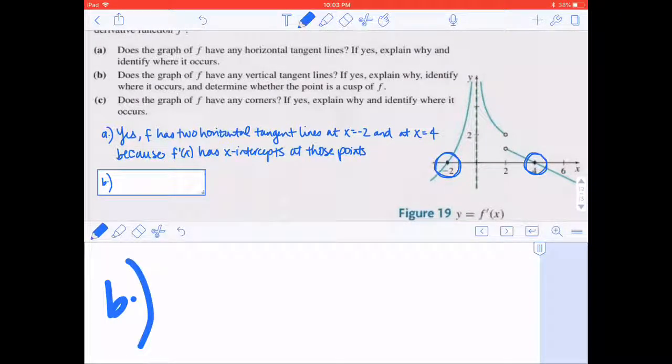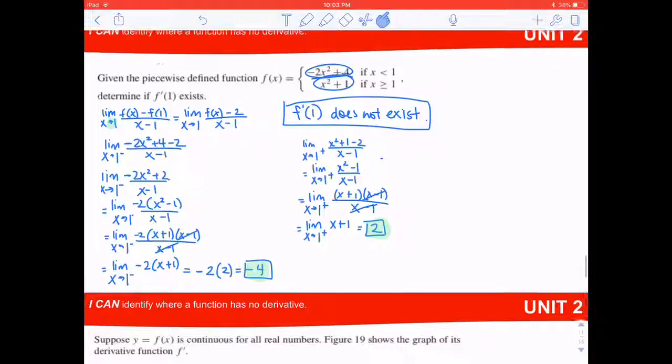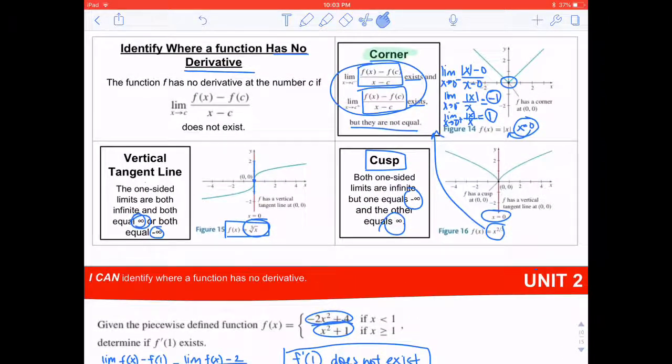Now part B, we want to determine if the graph has any vertical tangent lines. If yes, explain why, identify where it occurs, and determine whether the point is a cusp of f. So we're going to go back to this chart here and look at what it means to have a vertical tangent line and what it means to have a cusp.